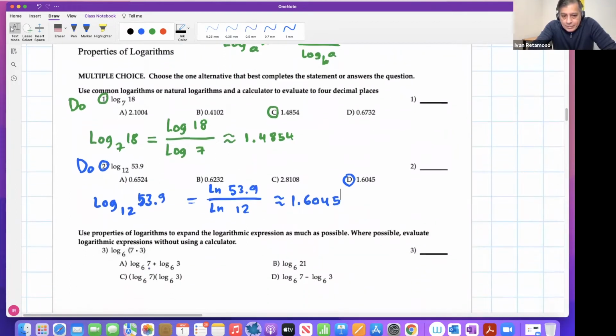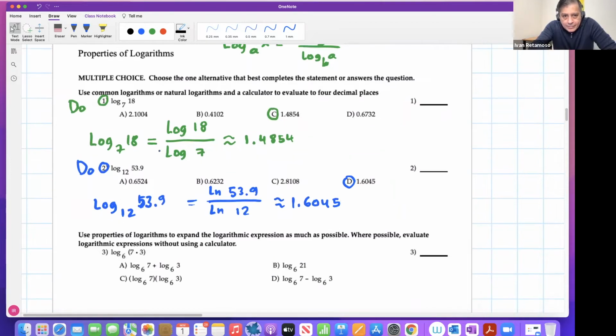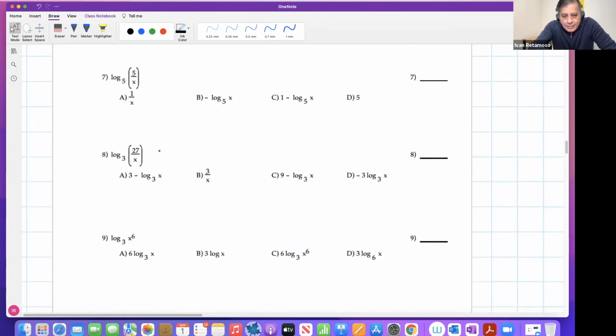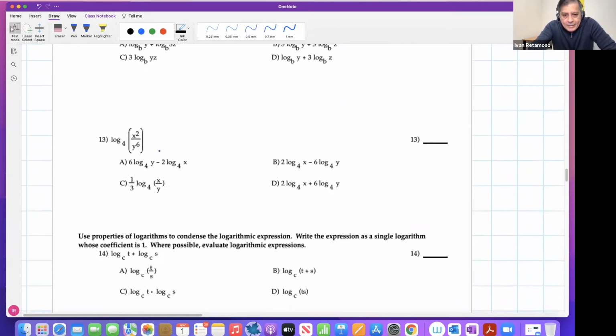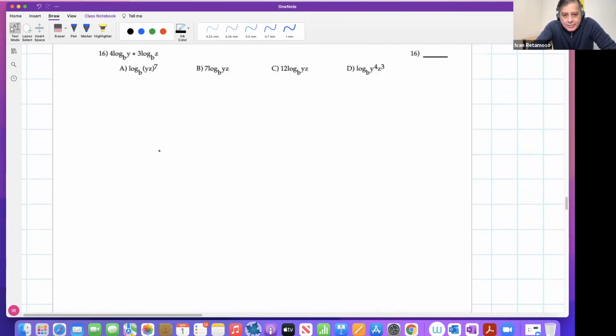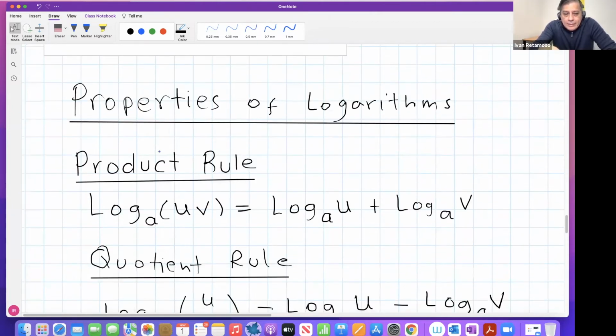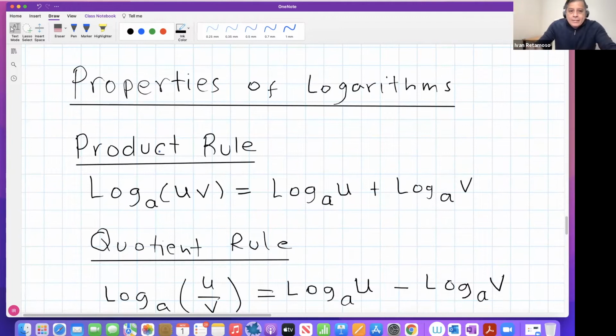Very good. Now let's talk about some properties of logs in general, okay? So it turns out these logs have properties that they somehow inherit from the properties of exponentials or exponents in general, right? The first property is called the product rule.